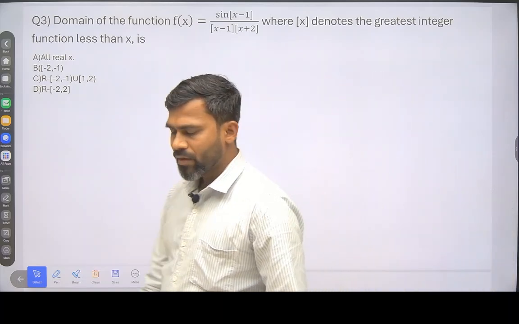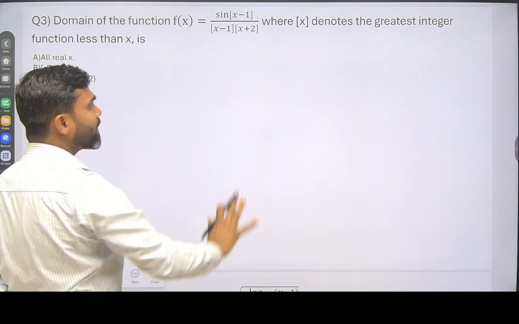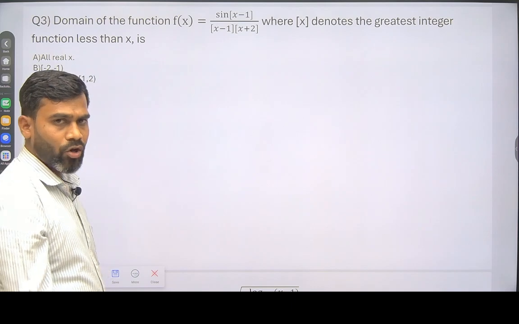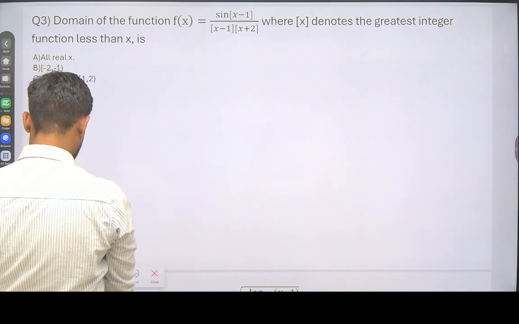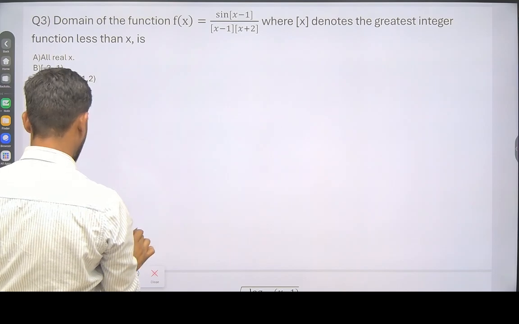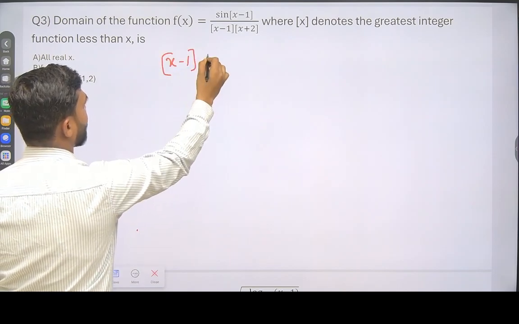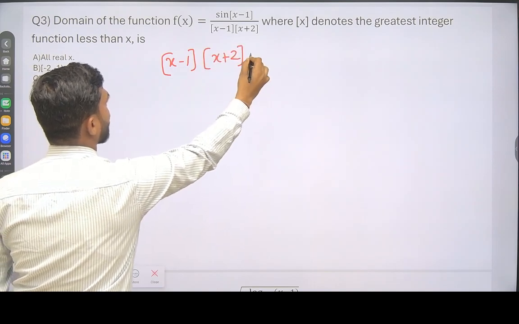Let us solve it. Always remember, whatever is in the denominator should not be 0. I already told you, right? So what is there in the denominator? x minus 1, GIF of x minus 1 into GIF of x plus 2, that should not be 0.